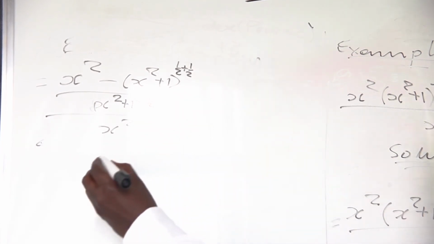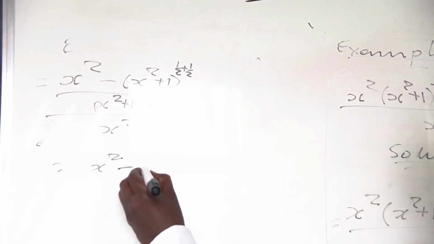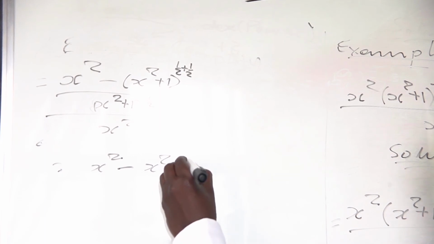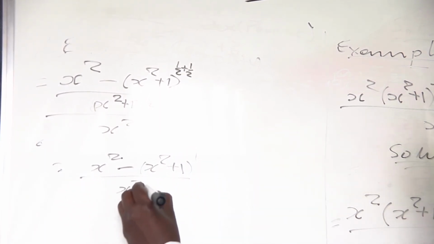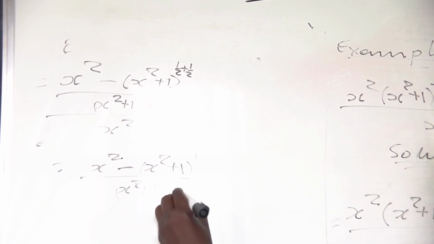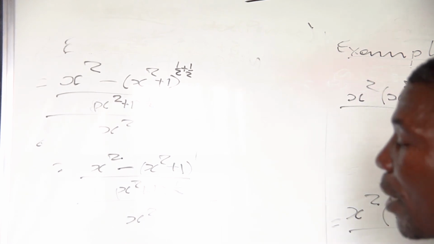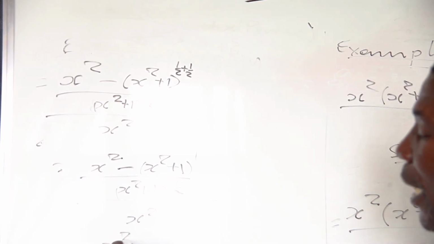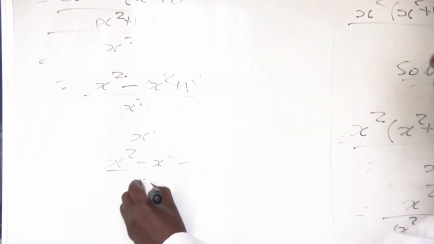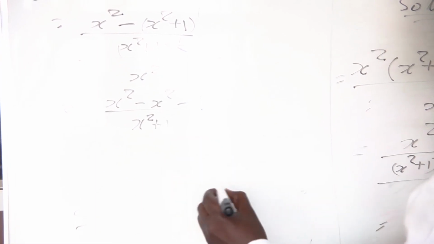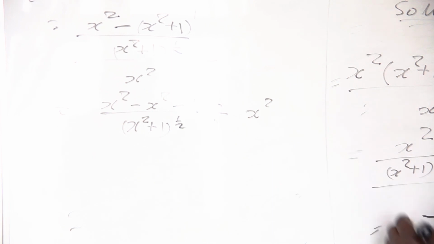So this becomes x squared minus x squared plus 1 power 1, over x squared plus 1 power half, over x squared. So this becomes x squared minus x squared minus 1, over x squared plus 1 power half, divided by x squared.